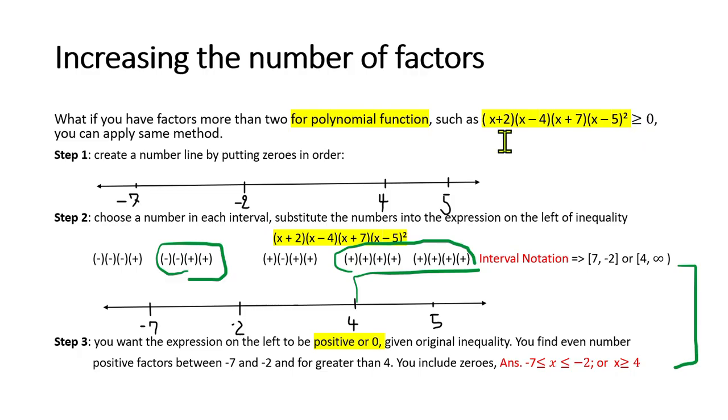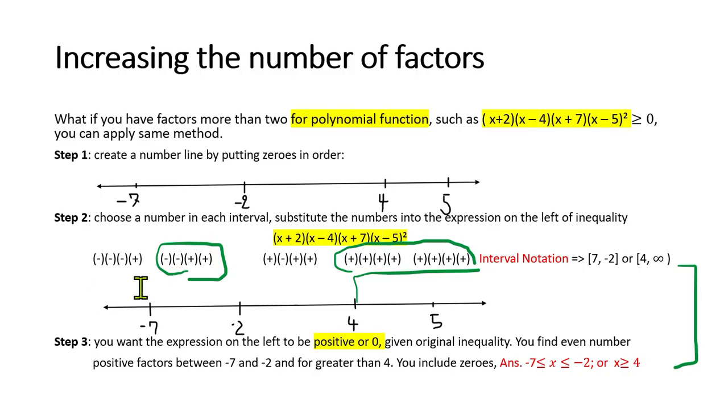Then you find all the zeros, the roots, and you create a number line by putting all the zeros in order. So minus 7, minus 2, and then 4 and 5. And then you create the sign line. For each term, if x is less than minus 7, then all are negative, but only x minus 5 squared is any number that makes positive, or 0.